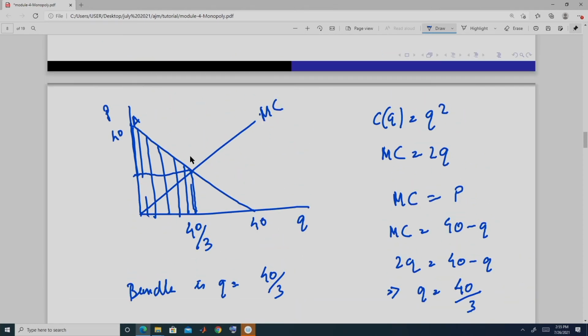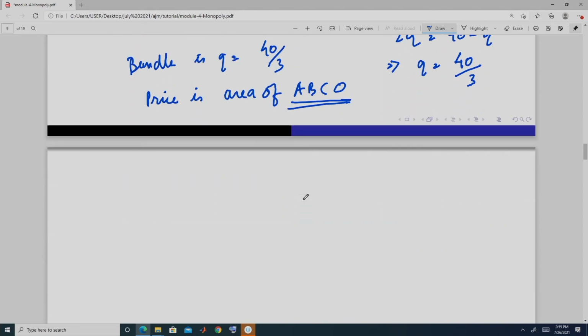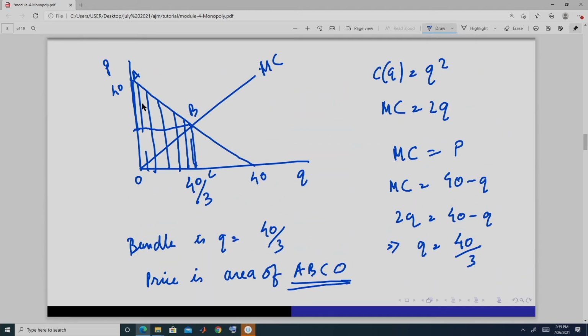Suppose this is A, B, C and O. So, the price is the area of A, B, C, O. This area you can find out: it is simply the area under the demand curve from 0 to 40 by 3, and the demand curve function you can write, integrating over x, where x is the quantity. So, it will give me this whole region.